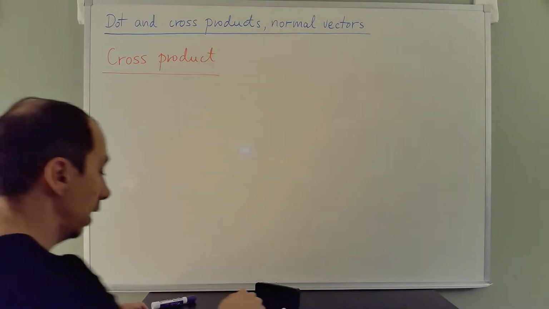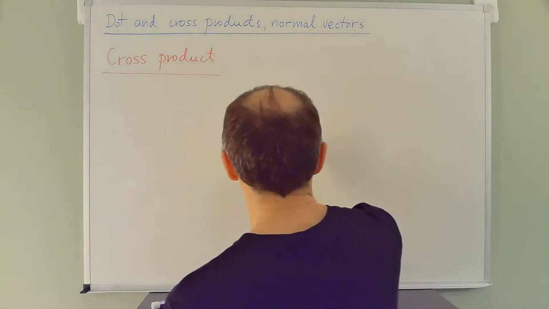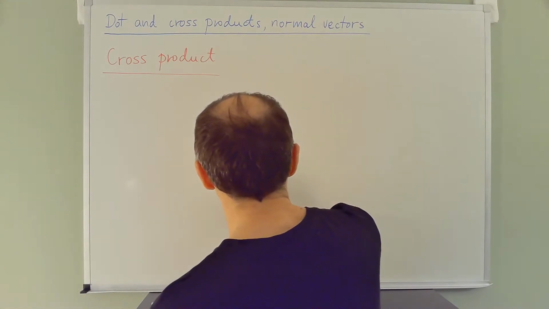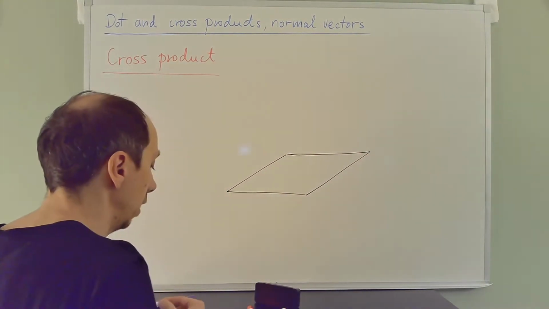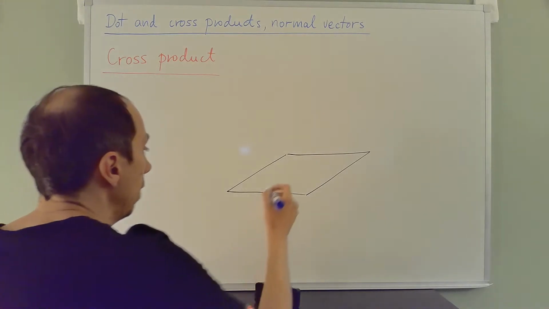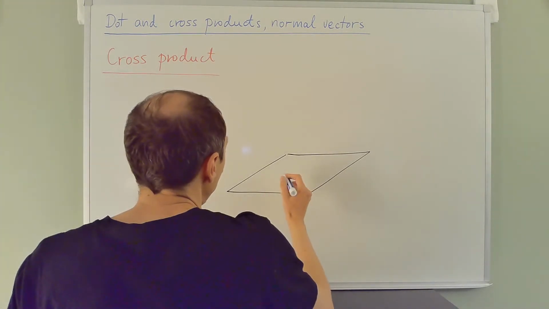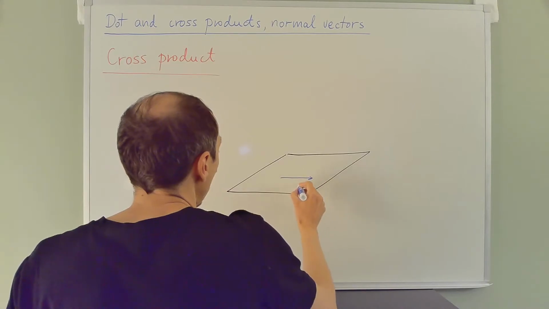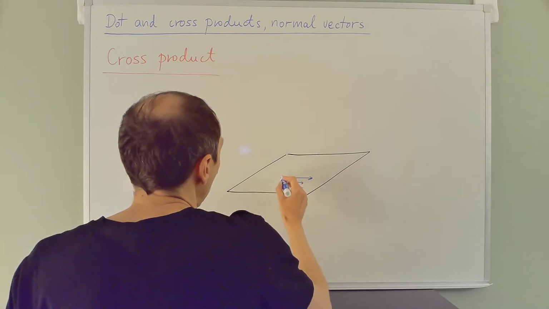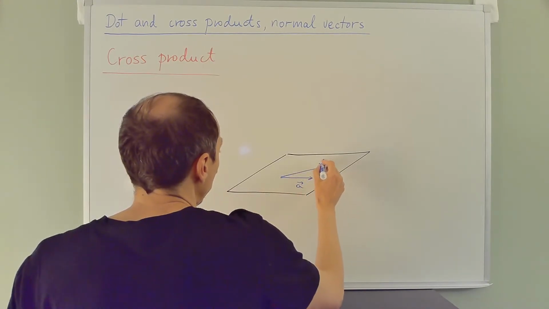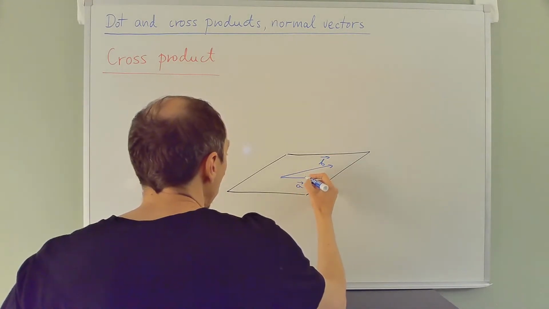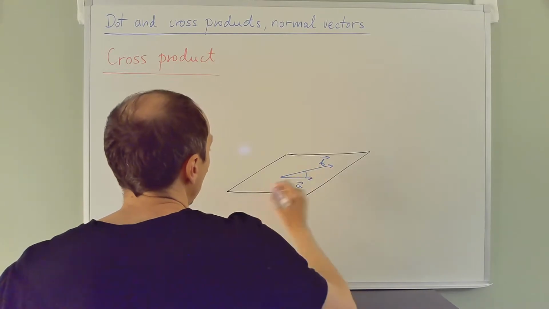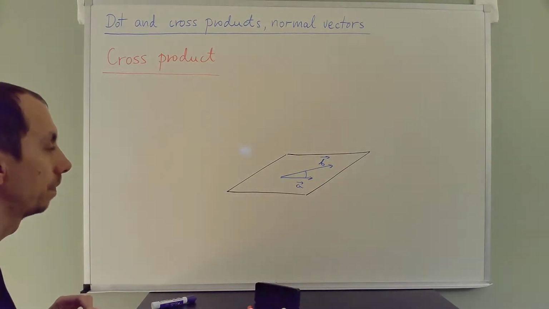So if I take two vectors, A and B, and suppose they lie in a plane. So here's a plane, and on that plane we have vector A and vector B. And here is an angle between them.